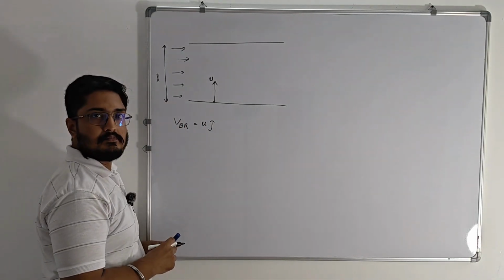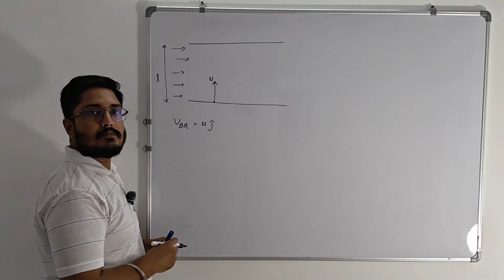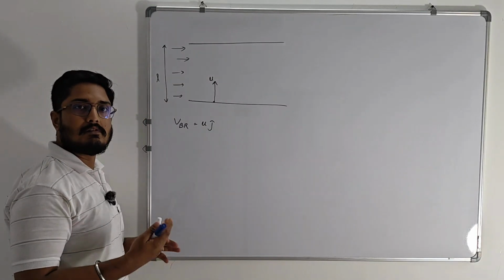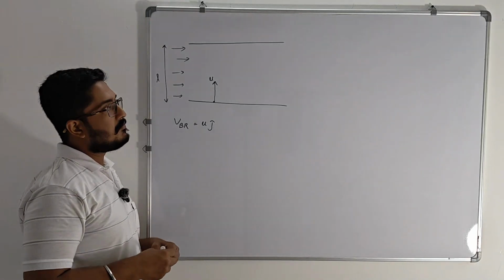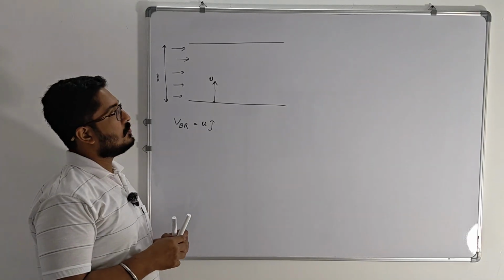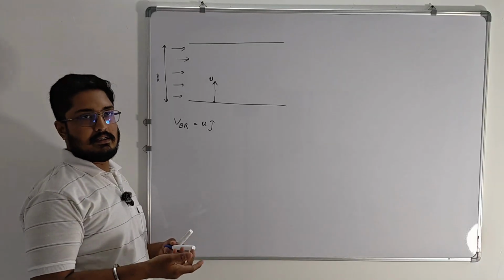Yeah, in that direction. But the river is also moving with what speed? Now this is a tricky part here. Generally, the speed of the river is given as a constant value, but in this question it is more realistic. They are saying that the speed of the river close to the shore is zero, but as you move towards the center of the river, the speed is increasing.